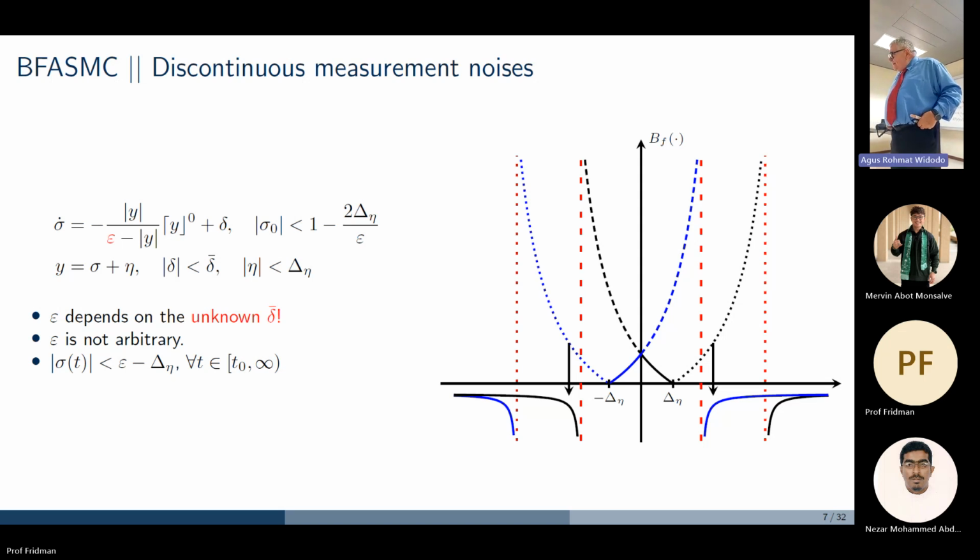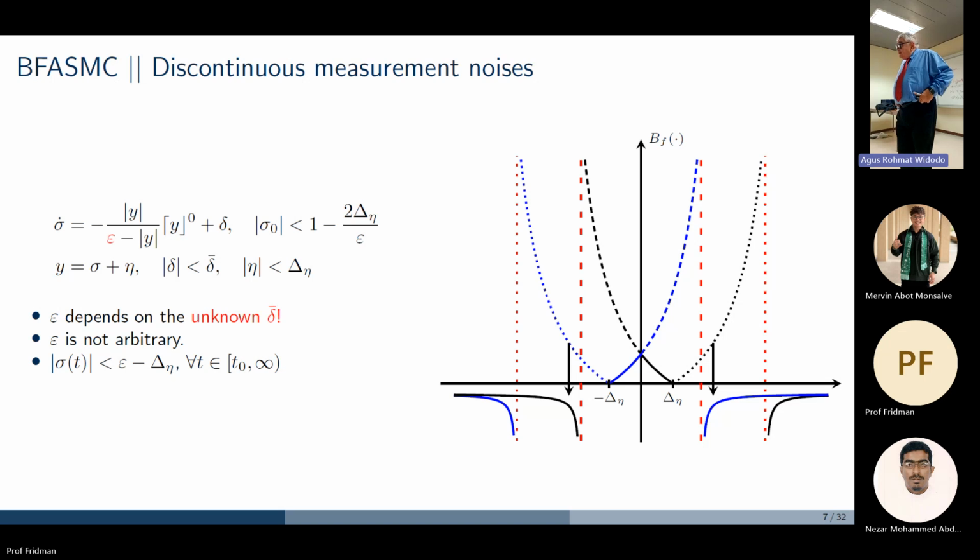Is it clear? So that is why we considered bounded noise, not stochastic. We considered deterministic noise. If you have deterministic noises, it is good, but it is not all. Because if the noise is discontinuous, it can make a jump, and if you have a jump, you cannot do more.